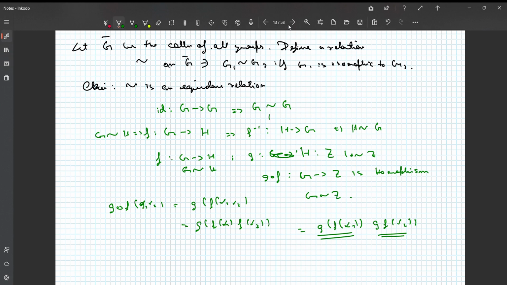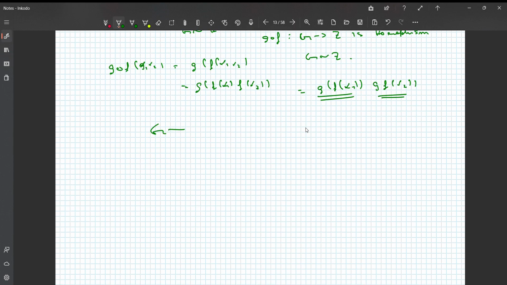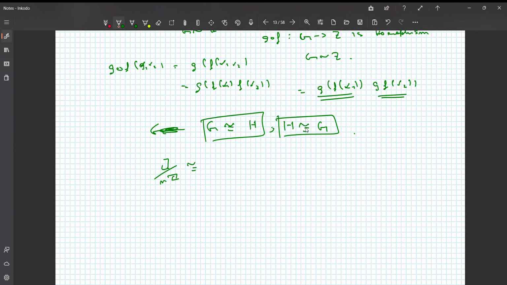G isomorphic to H is the same as H being isomorphic to G. That is why in the first case we proved that Z mod nZ is isomorphic to G, and next we proved G is isomorphic to Z, because it has nothing to do with the order in which we are writing the groups. Clear? The ultimate sense is that both of them have the same group structure.